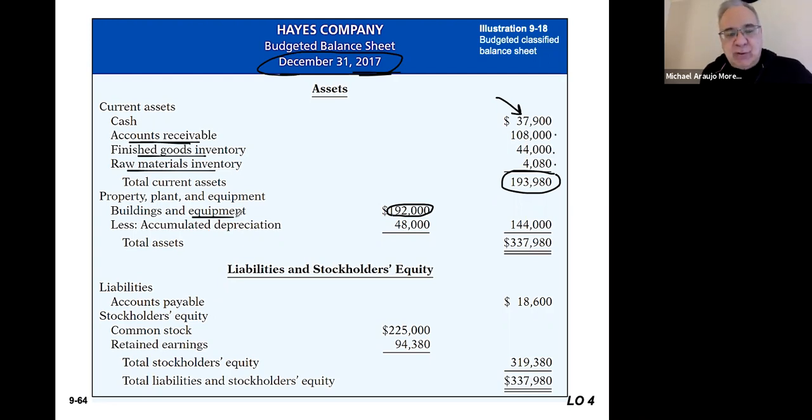If you looked at your manufacturing overhead budget for depreciation expense, you'd see 15,200. And if you looked in your selling and administrative expense budget, you'll see depreciation expense of another 4,000. So you would add that to the beginning balance and accumulated depreciation that they gave you in the first slide, and that's where that 48,000 comes in. Okay. Book value 144. Total assets are your current assets plus your property, plant, and equipment.